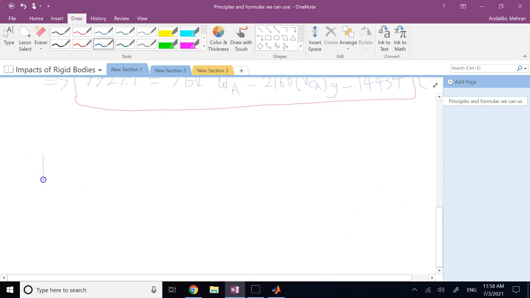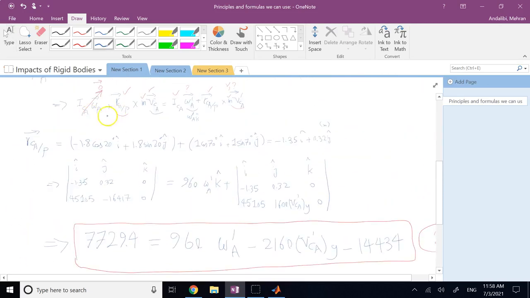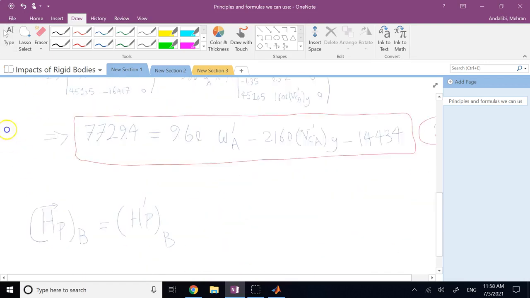So I have to say H about point P of object B before impact is the same as whatever it is after impact. So I can write it about object B, and again I have to transfer momentum from the center to the contact point.